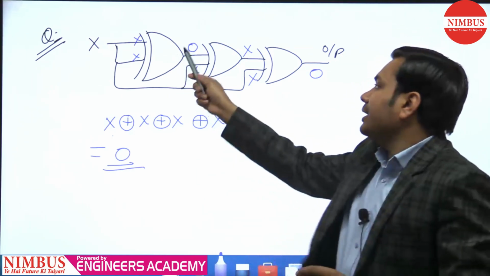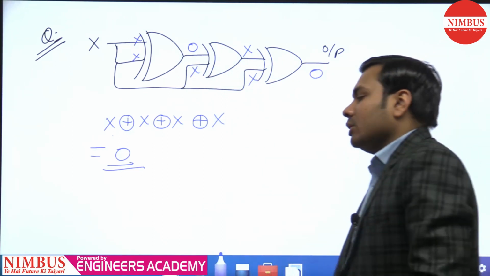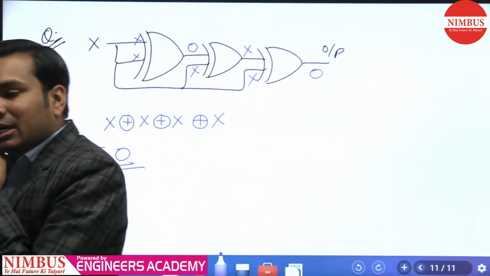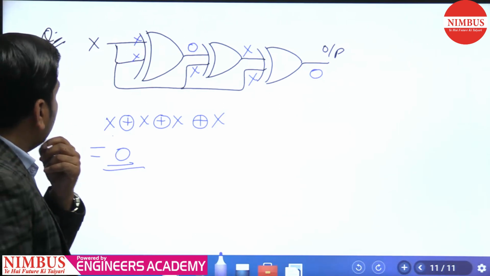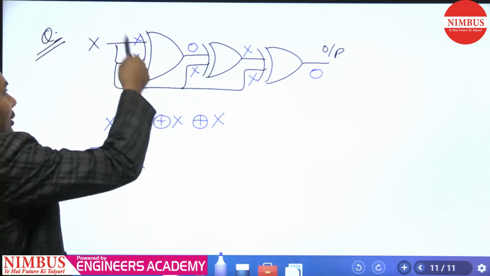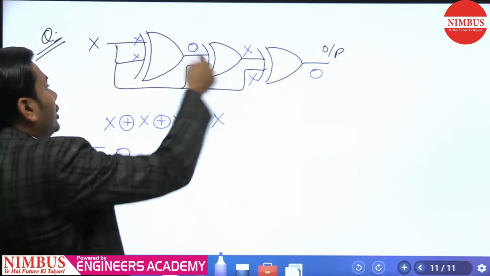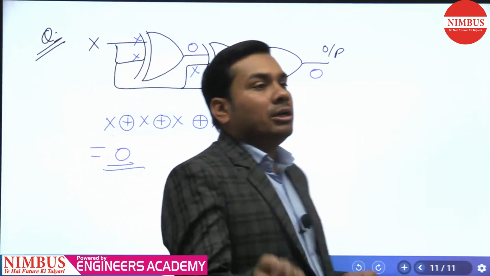So here we are having 3 gates, and in the case of XOR we are having one extra input as compared to our gates, right? If we are having 3 gates, then the number of inputs is 4.